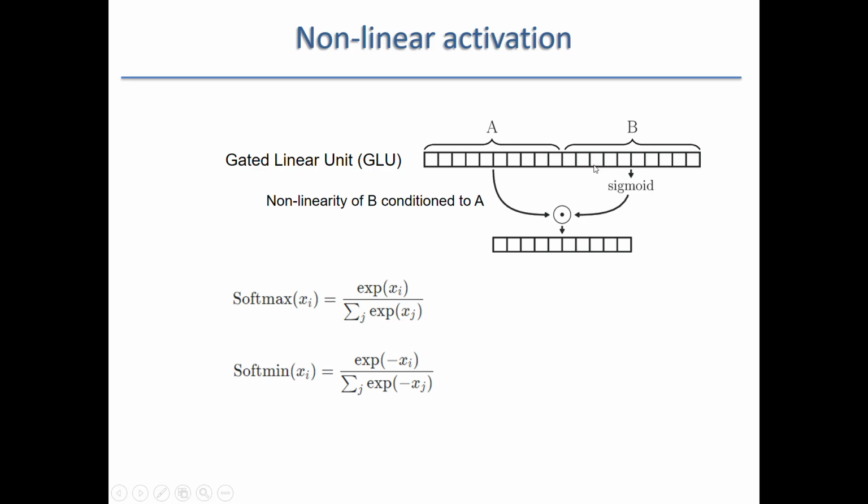But then it goes one by one. So each point goes through the sigmoid, and you multiply point by point by another vector. This other vector you can also learn. So this can be given, as we did before with the gated convolution. This mask can be learned by another network.